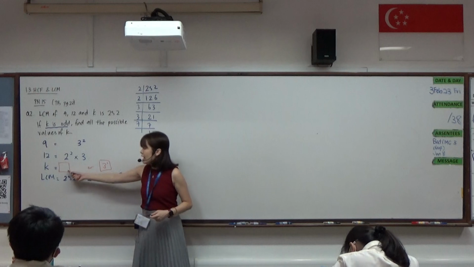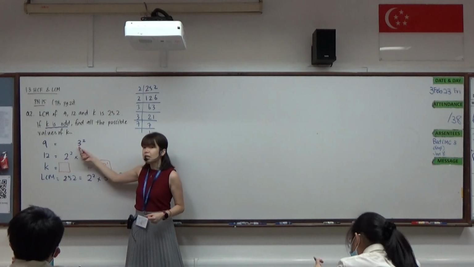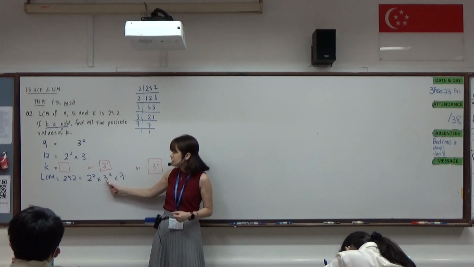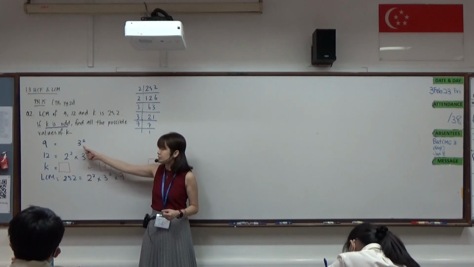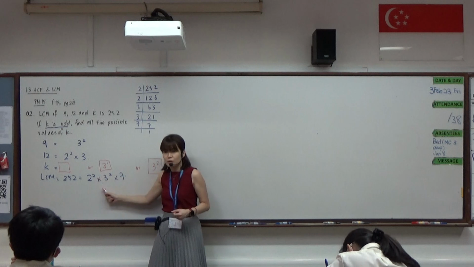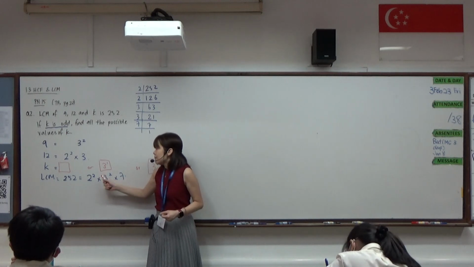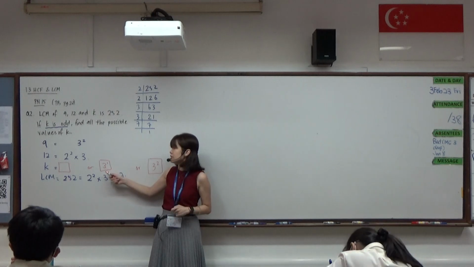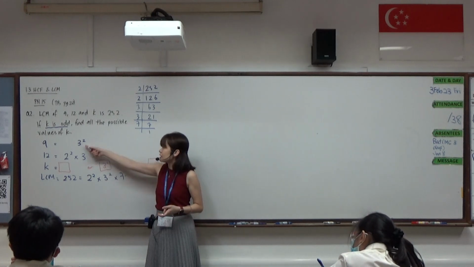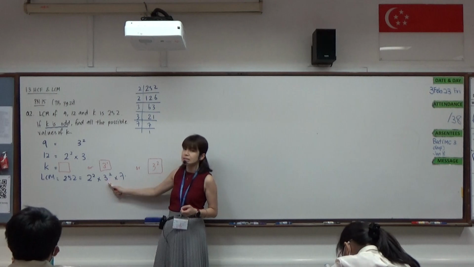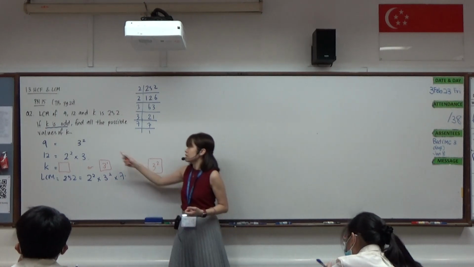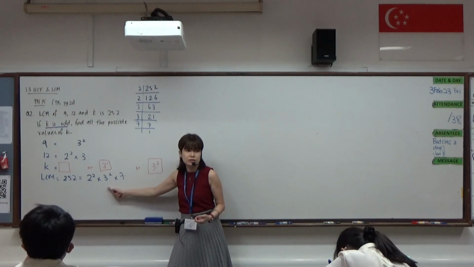Because if I don't have a 3 over here, down here has 3 squared already; this is already confirmed. So this 3 squared is a result of the 3 squared here. But if I have just 3 to the power of 1, it doesn't matter, because I'm still going to take the larger one and place it here. I can also have 3 squared, because if both have it, I will still take 3 squared.